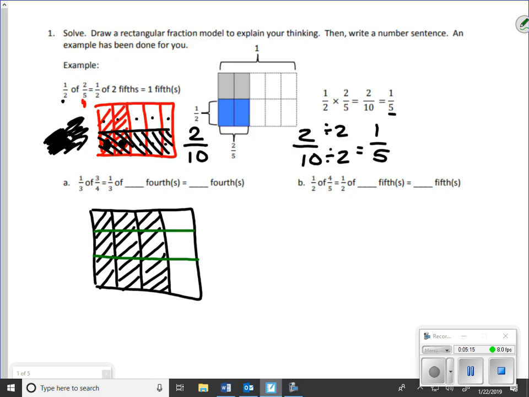How many am I going to shade in? 1. We just started. How many are double shaded? 3. 1, 2, 3. Out of how many? 1, 2, 3, 4, 5, 6, 7, 8, 9, 10, 11, 12.